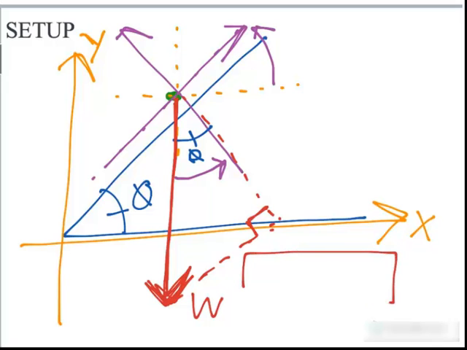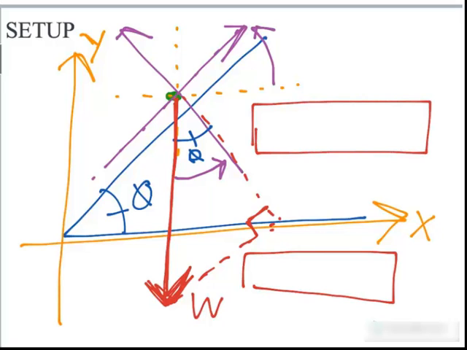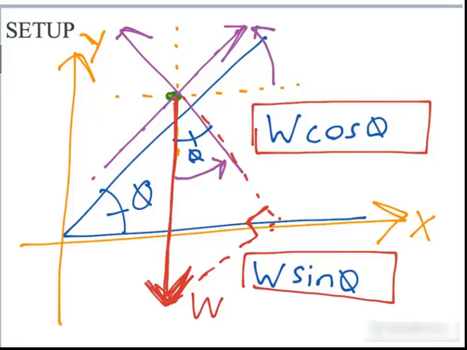So this component here and this component here, this one will be the weight, and it's going to be cosine of that angle, and that's how you get that portion of the vector that makes up the weight. This one down here again will be the weight, except this time it's going to be sine of the angle. We also have a force from the friction, which is going to point opposite of the direction we're moving. So this here will be force of friction.